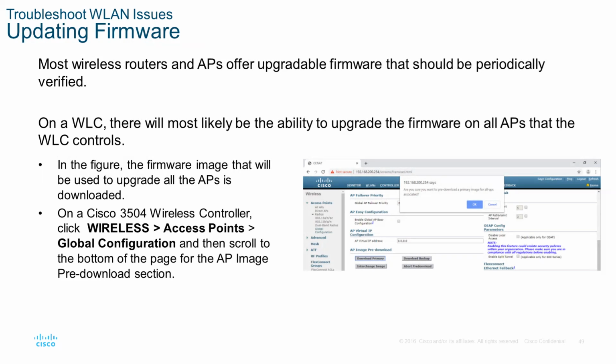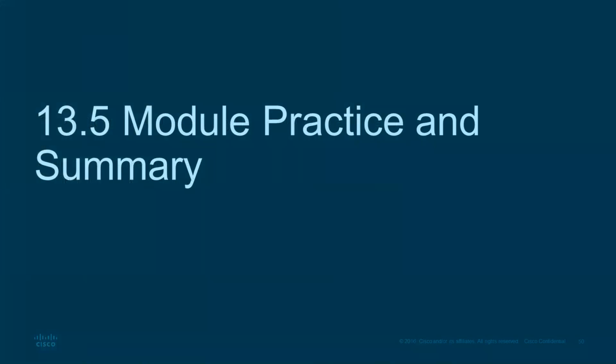Now, the benefit of the controller is you can download the new file for your access points firmware and then use the controller to push out that new file to all the access points at once.